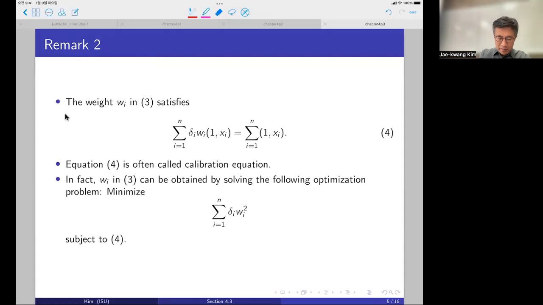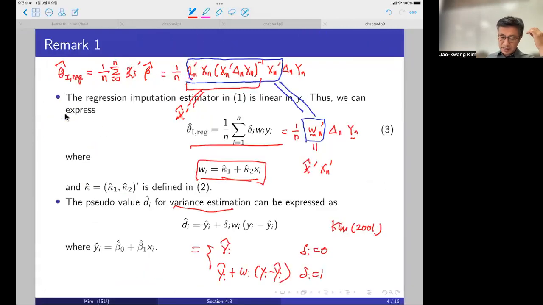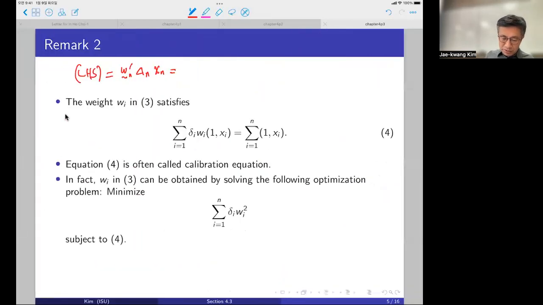Maybe we can write the left hand side as W n prime delta n and x n. And so that is 1 prime x n prime delta n x n inverse x n prime.